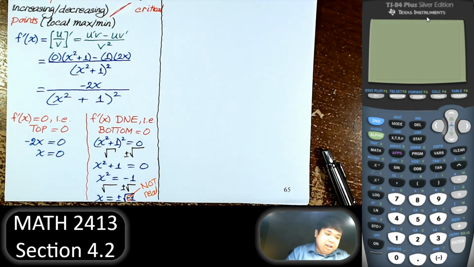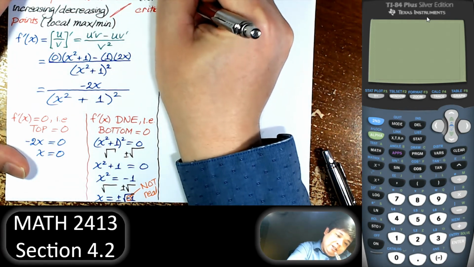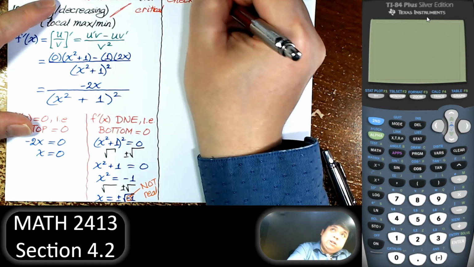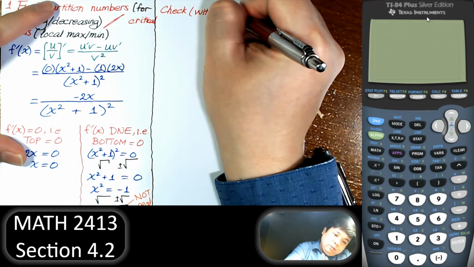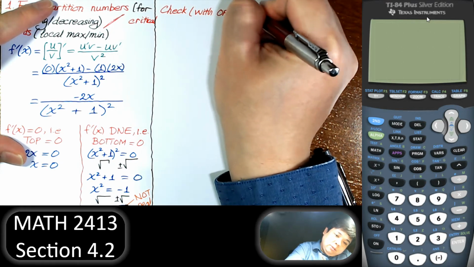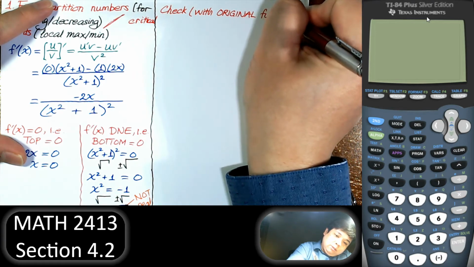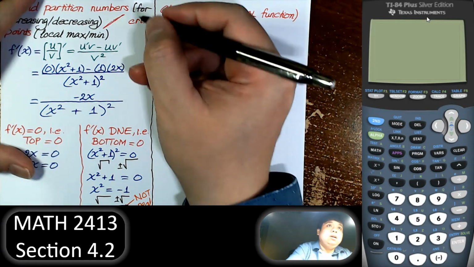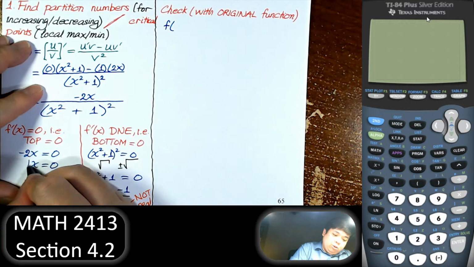Right. Next, we will check with the original function, only for x equals 0.